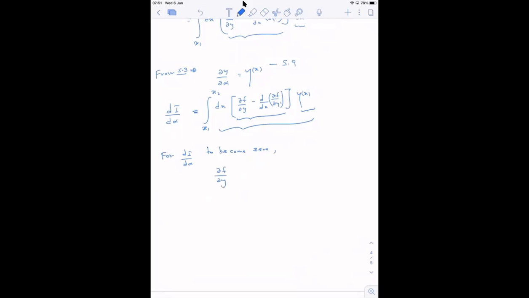This expression has to be 0: ∂f/∂y minus d over dx ∂f/∂y' equal to 0, right? This has to be 0. That is because the other term cannot be 0, because η(x) is arbitrary.